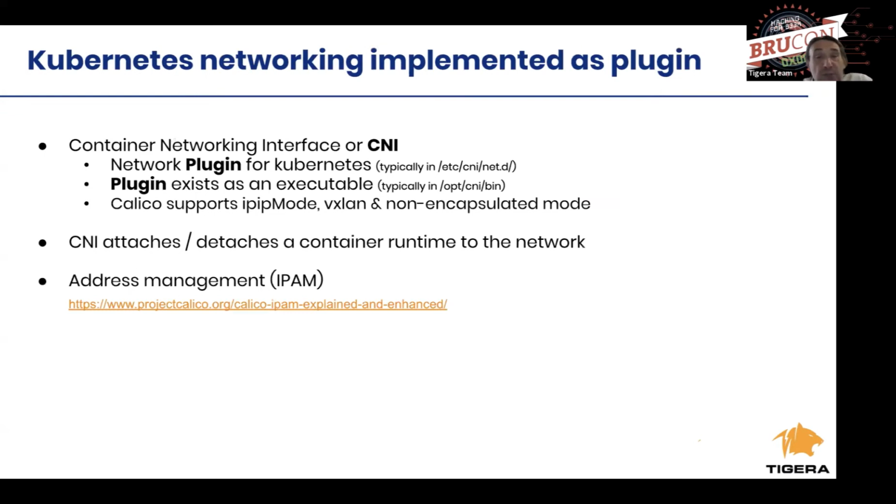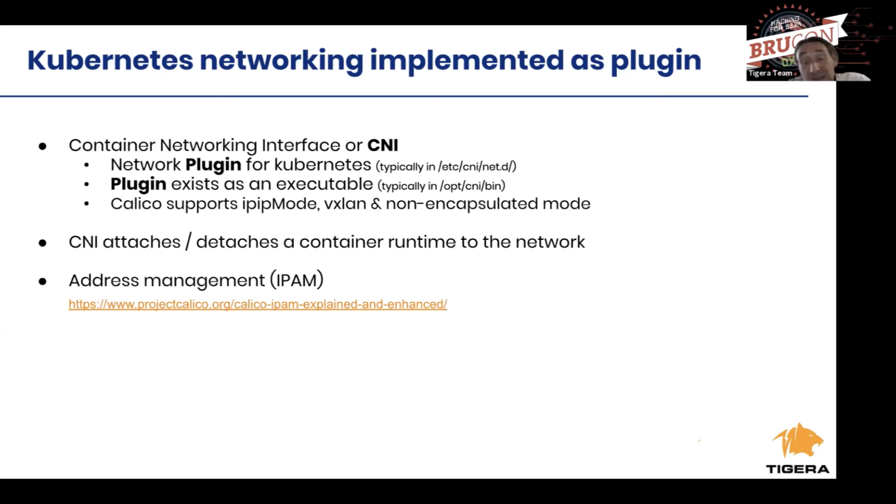So the important part here is the CNI. Every Kubernetes node has a kubelet service running. Kubelet is the service running on every node that is polling the Kubernetes API to see whether it should spin up a pod or not.